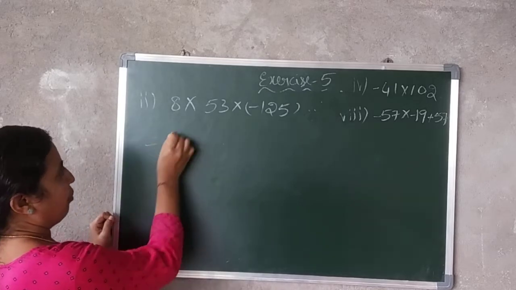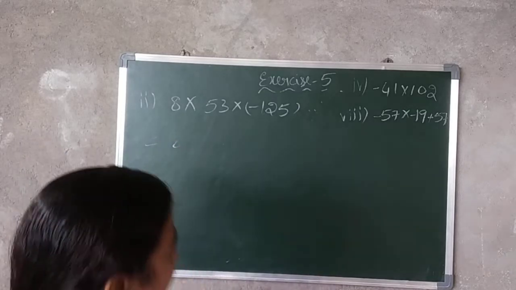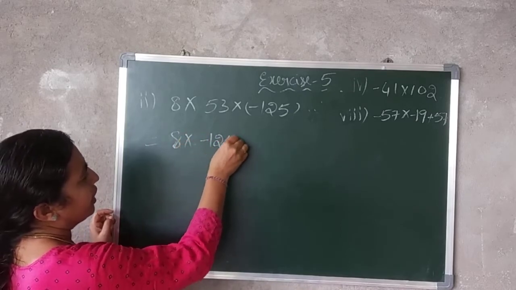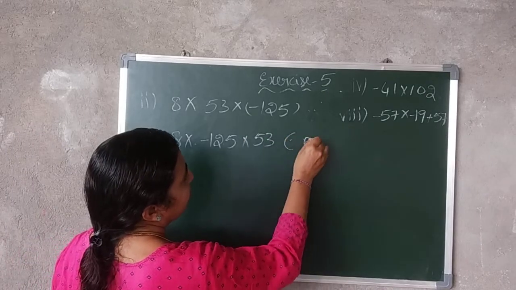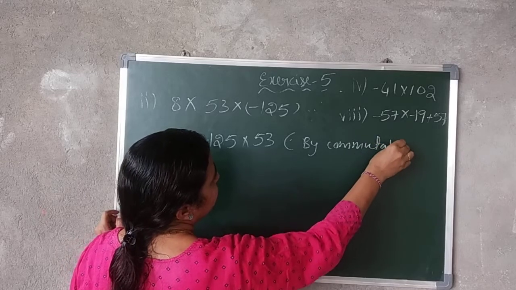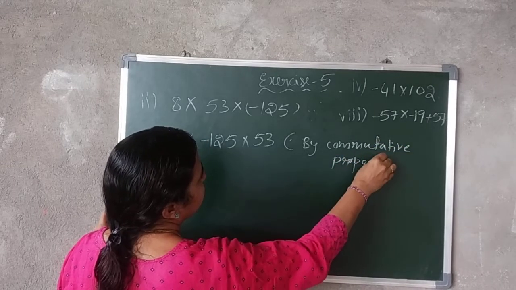See here, I'll apply the commutative property. So I'll write this as 8 into minus 125 into 53 by commutative property.